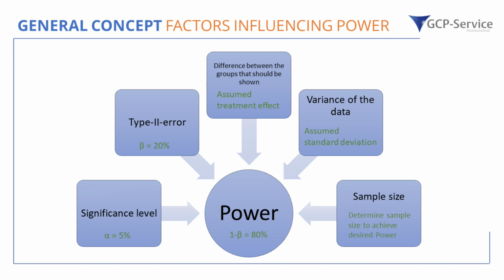So this is a number we must give a good guess so that we achieve the correct power. The same is true for the variance. This is nothing we can change. This is a value which is fixed in our model, and therefore we have no possibility to adapt anything in the difference and in the variance.